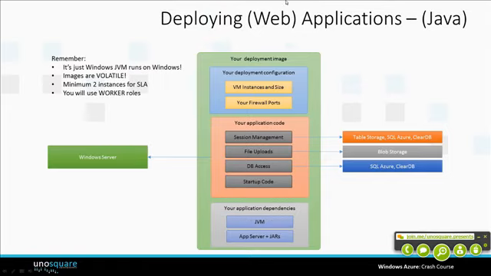Now, in Java, the story is a little different. Here, it's just Windows. The Java virtual machine runs on Windows. So what's the problem? Well, the problem's the same. We can't use the local file system. Sure, we can use it for temporary storage or for anything that we don't care about.